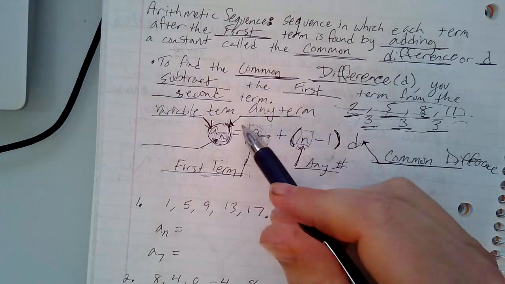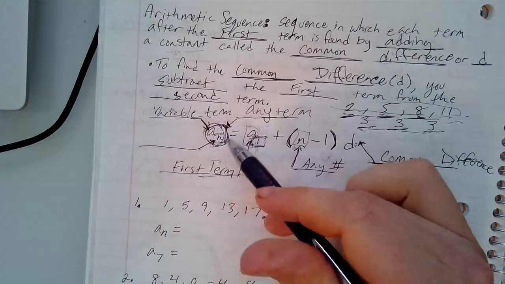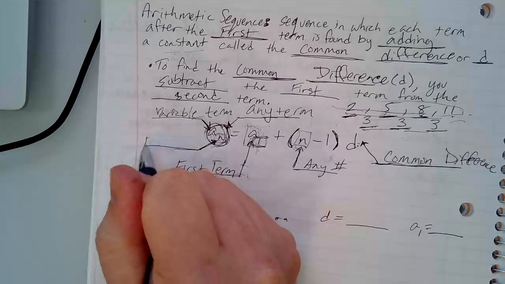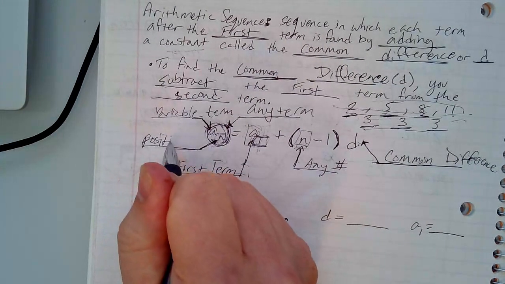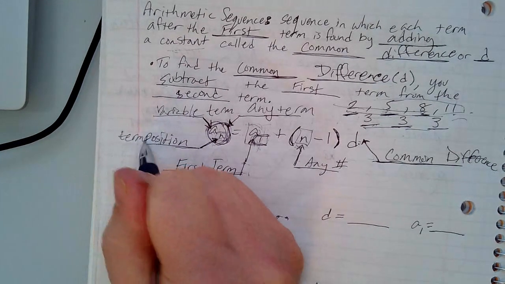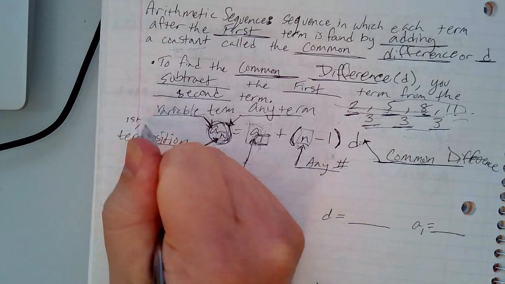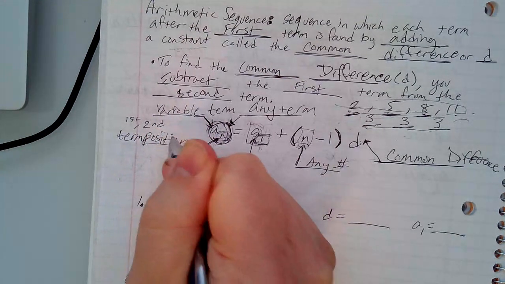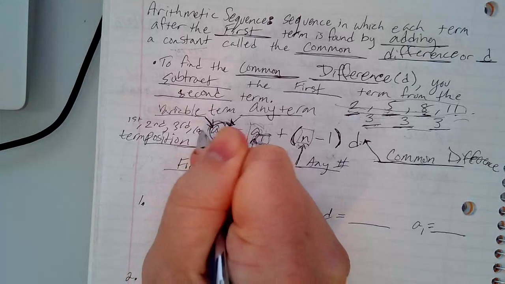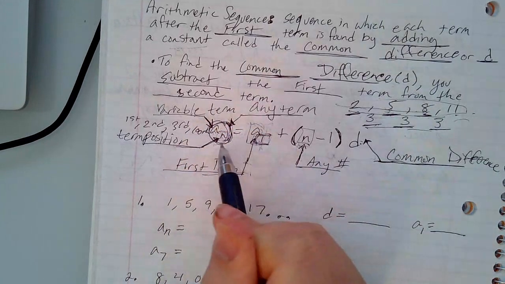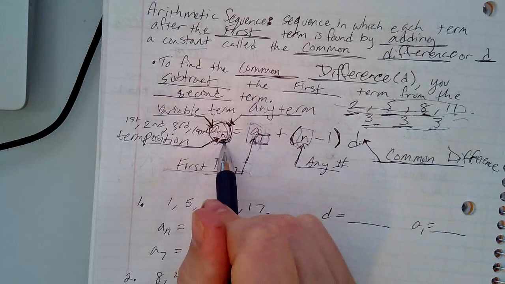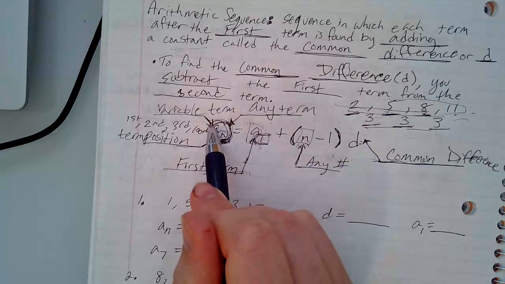A sub n represents any term as a whole piece, and that n is just the position. Let's call it the term position. So like first, second, on and on and on, third, or 100th. That's what that represents. We're looking for the whateverth term. This is the value of that term.